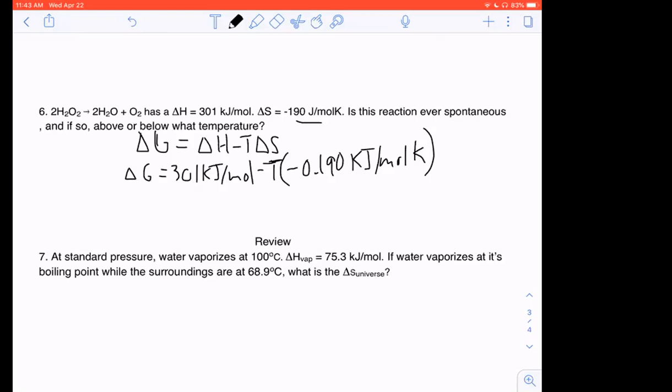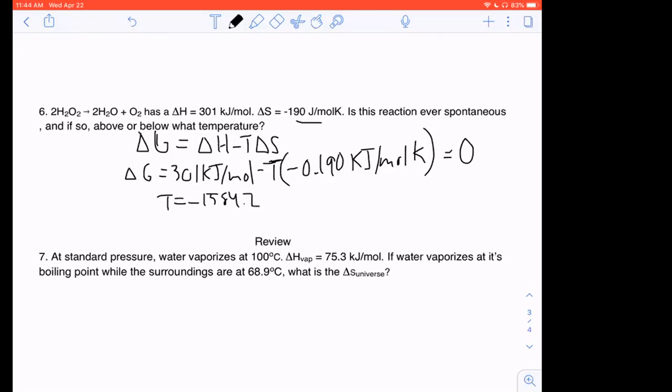Remember, the point where it becomes spontaneous is when delta G is going to equal 0, so you solve for when this equals 0. What you should get if you solve for T is T equals, I think, negative 1584.2.